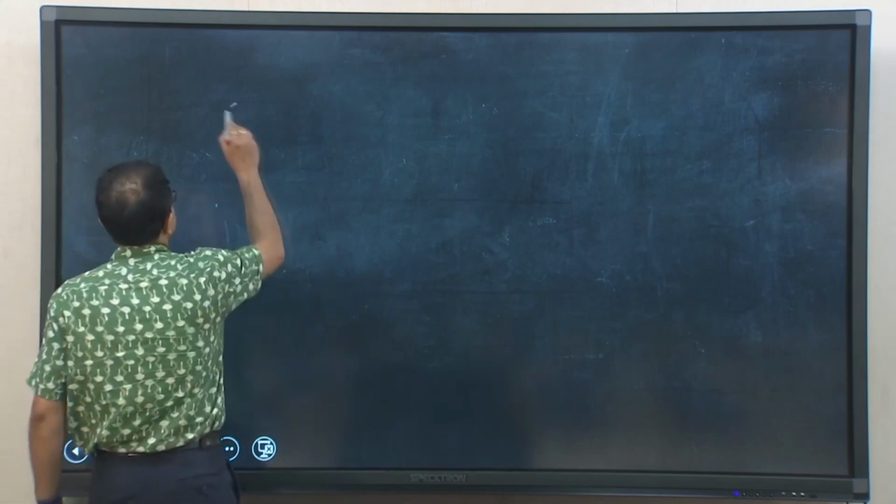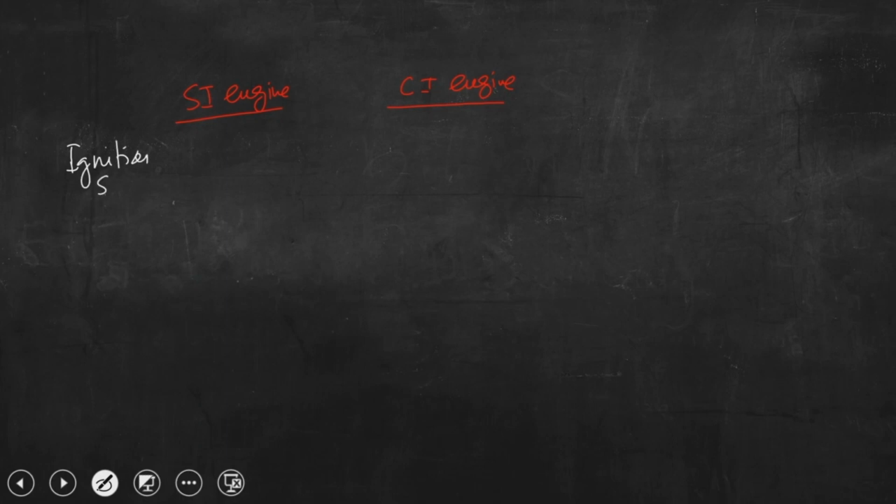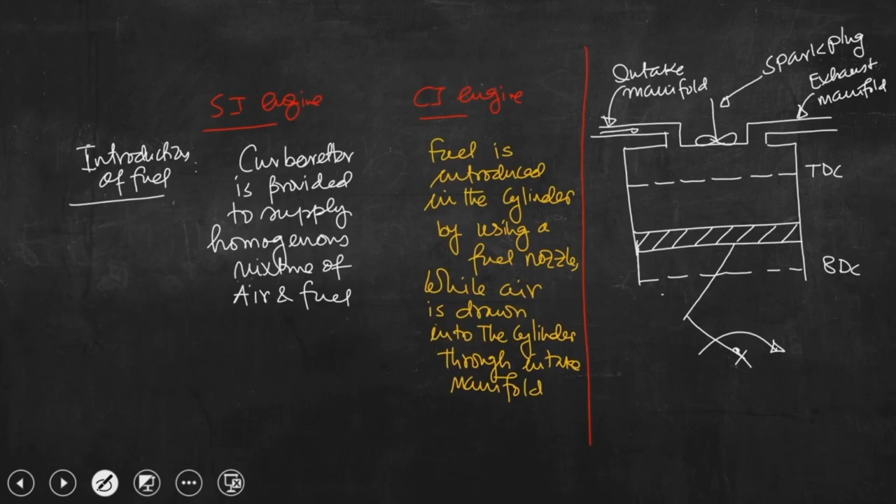If we go to the next slide, so this is SI engines and this is CI engines, right. Next is the ignition system. For the SI engine we know that a spark plug is there.